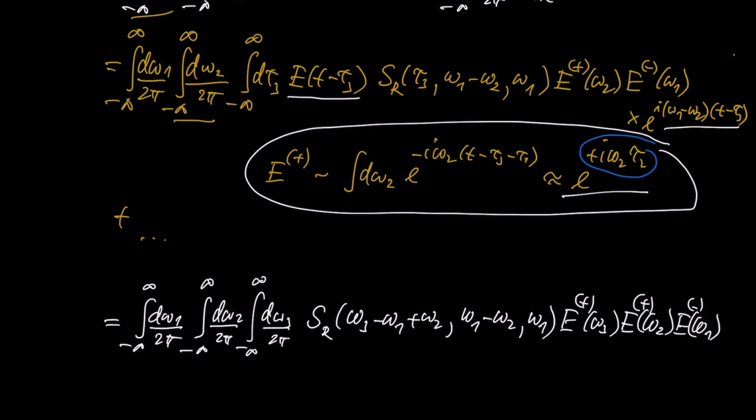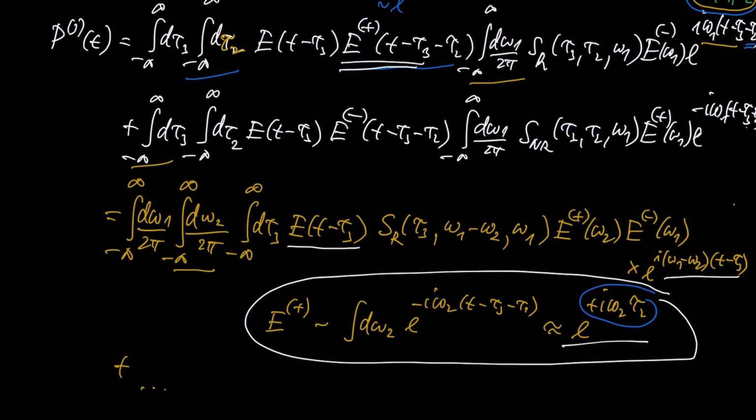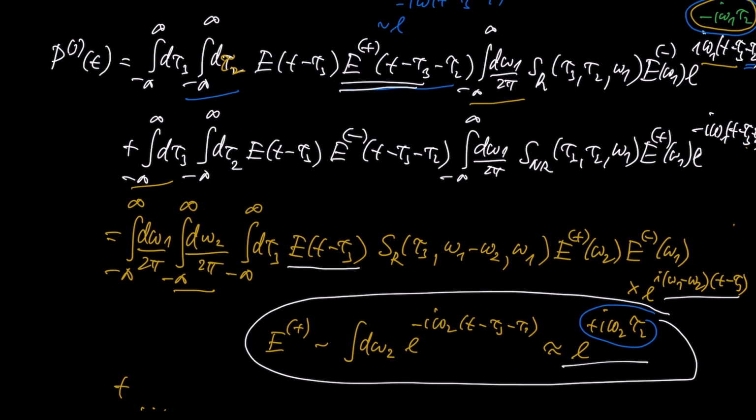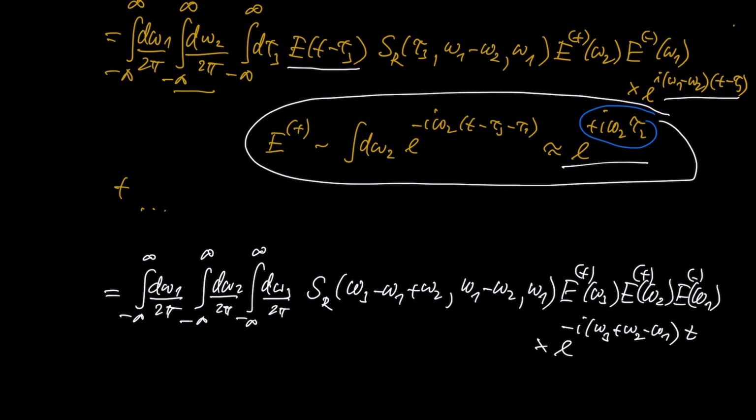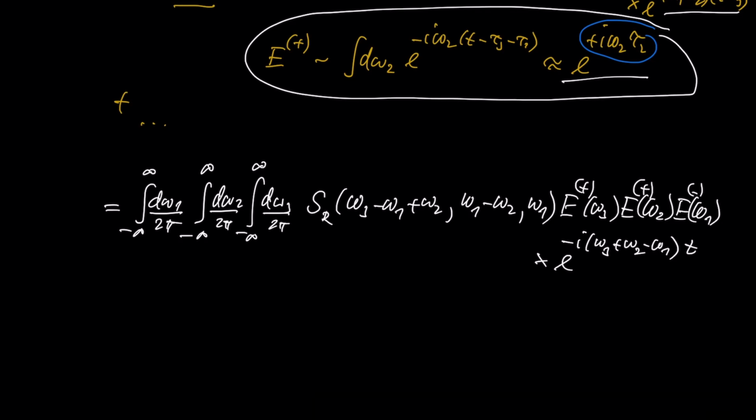And still some exponentials, e to the power of minus i (omega 3 plus omega 2 minus omega 1), and the only argument that we are still missing is t, because t still appears in the definition of what we actually calculate. We calculate P3 of t. So everything else was now turned into a frequency integration, and let's write the non-rephasing part also explicitly.